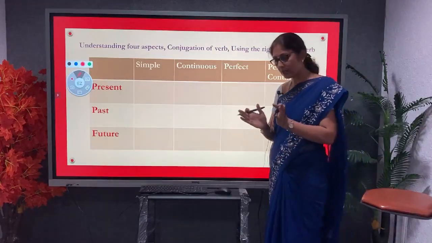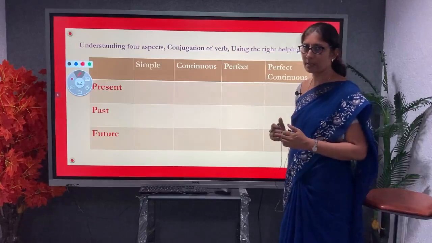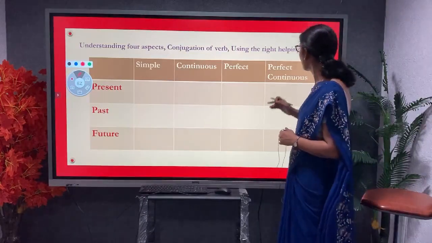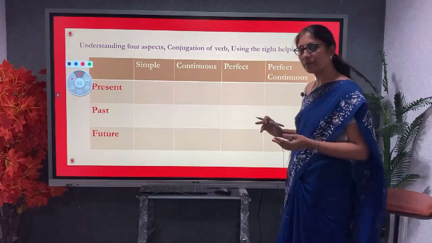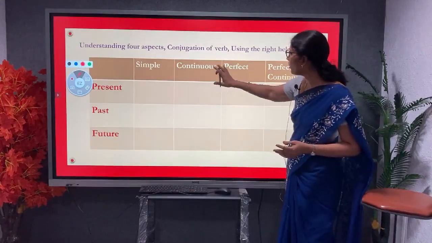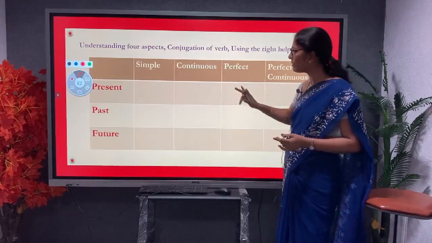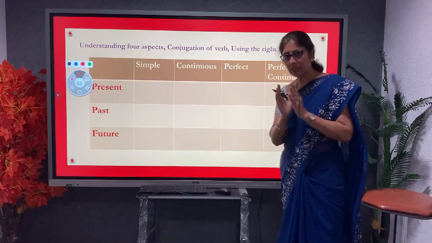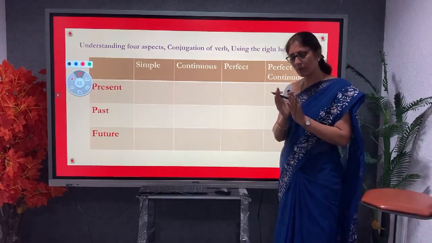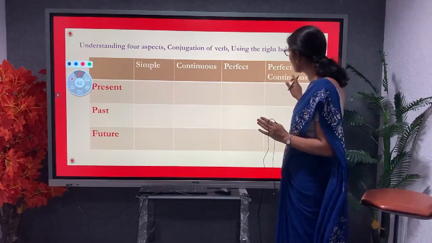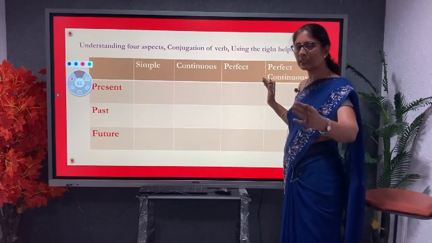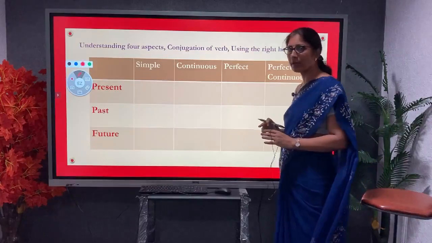We will discuss in detail in the next slides. Next, perfect continuous, right? The difference between continuous and perfect continuous is, when the action is for a certain time, limited time or short time, we use continuous. But if the action is happening for a long time, then we use perfect continuous.